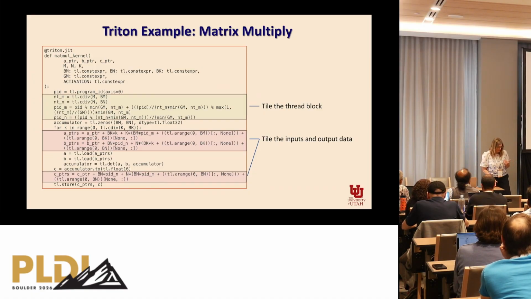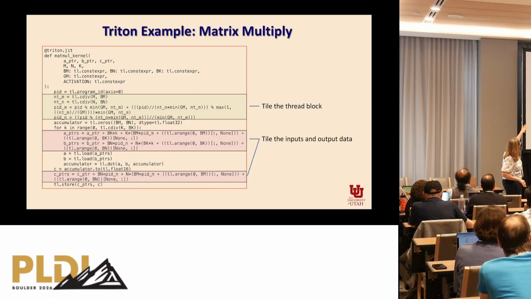OK, and this is some Triton code from the repository. And I color-coded this, and we'll come back to this later in the talk. So the green box is the thread tile.